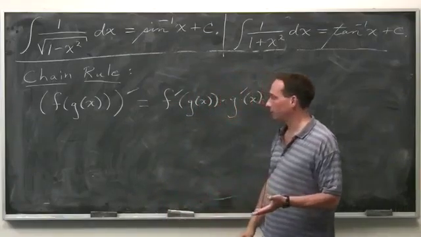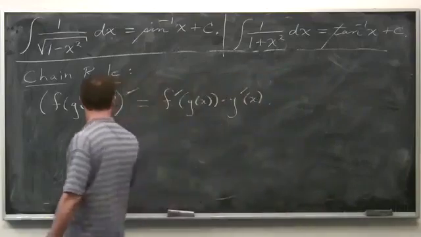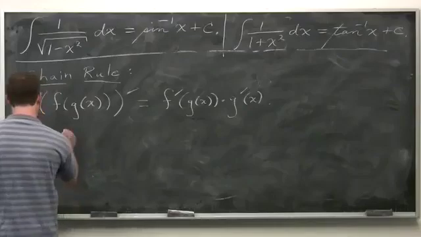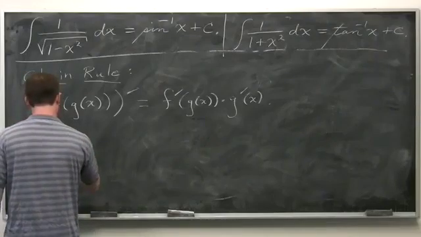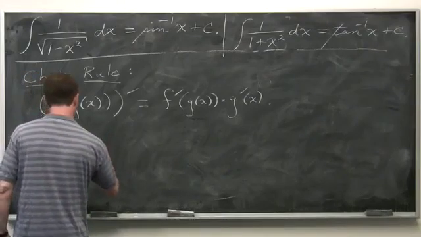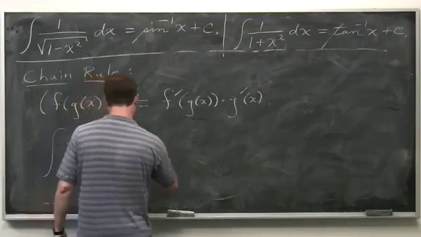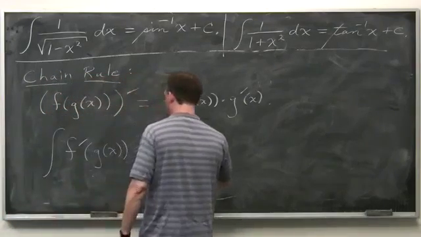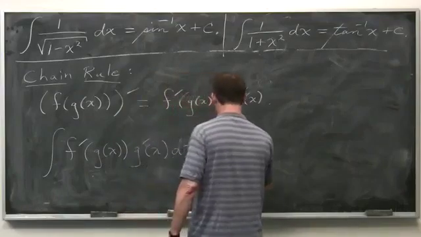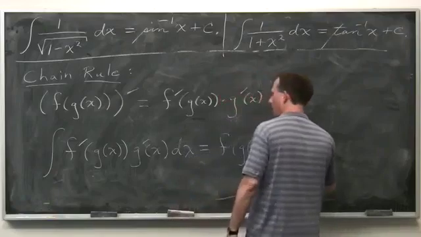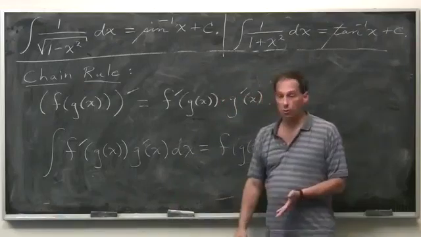As an anti-differentiation formula, this says that an antiderivative of this is f of g of x. So it says an antiderivative, or the general antiderivative of f prime of g of x times g prime of x dx equals f of g of x plus c. Okay, that's true. It's the chain rule in reverse.